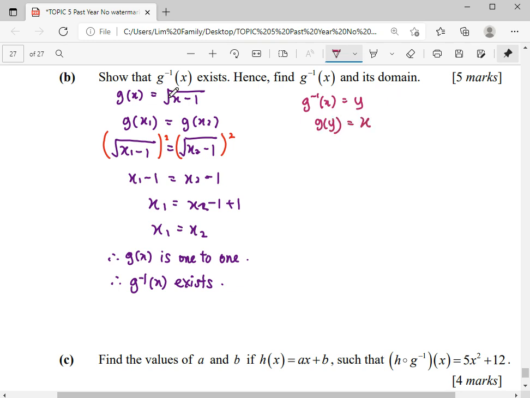Substitute y into the function, it will be the square root of y minus 1. We have to simplify and find y. Once you find y, it means you found g inverse. How do we solve this square root? We move it to the right hand side, it becomes a square. Then we move the 1, it becomes plus 1. So we get our y, and that will be our g inverse.